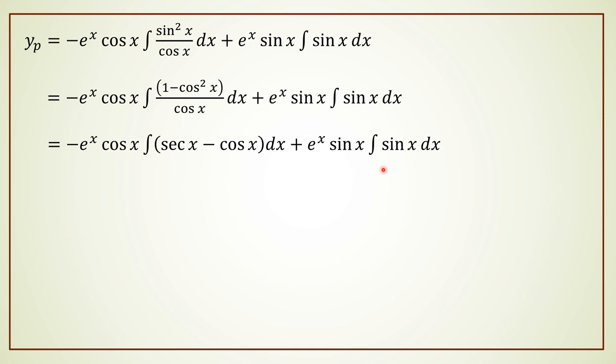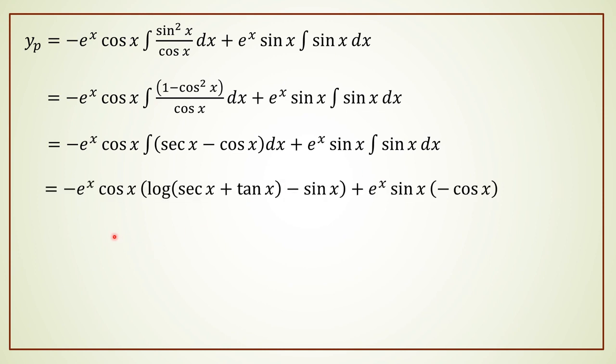Now let me evaluate the integrals here. So yp is equal to minus e power x into cos x integration of secant x. Integration of secant x is log of secant x plus tan x, minus integration of cos x is minus sin x, plus e power x into sin x integration of sin x is minus cos x.